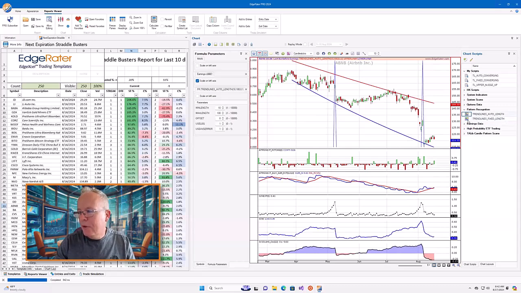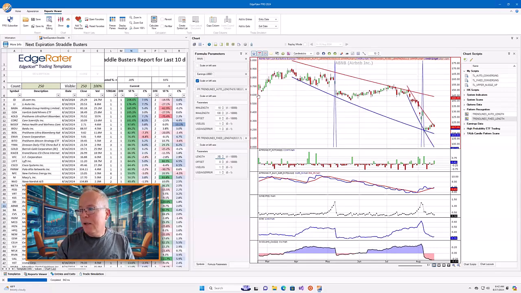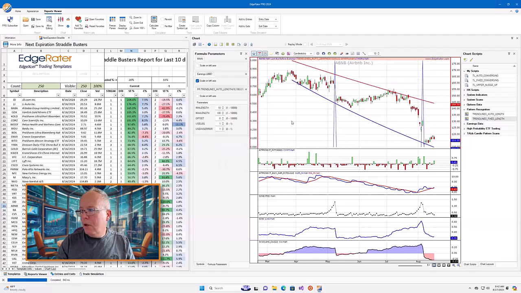Maybe I'll show you both. I'll add the fixed length line in, and I'll set the fixed length to 20 days. So now I've got the auto drawn lines and the fixed length lines. Maybe that's not what you meant. Maybe I'll just drag another set of auto lines on, and this time I'll set the offset to 2 bars ago.